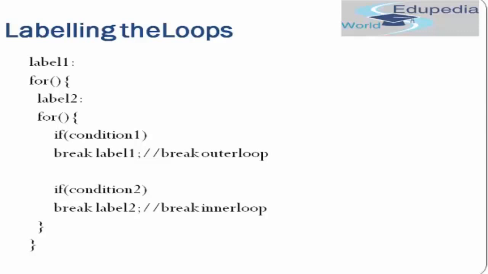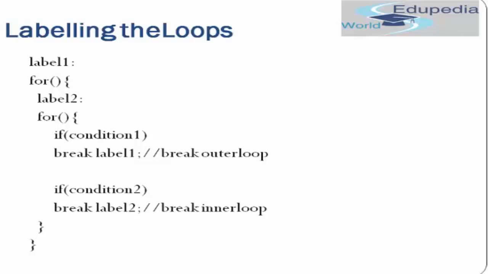So if I'm having a nested loop and I simply write break, then it doesn't know which for loop to break. If I want to break the loop that is outside, then how can I mention that? That you can do using a label.